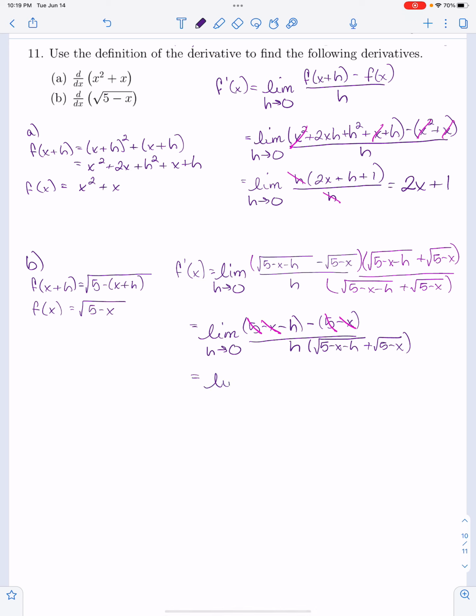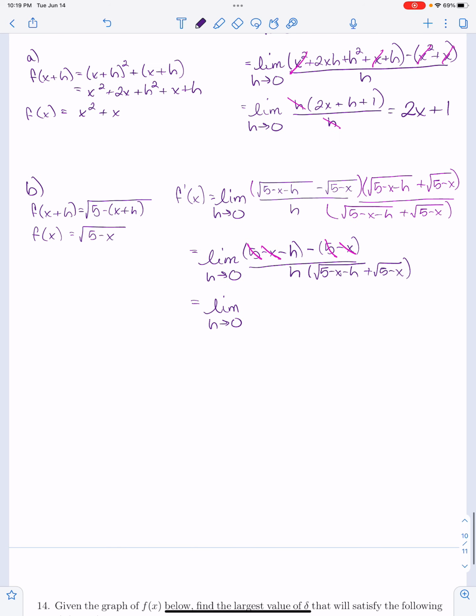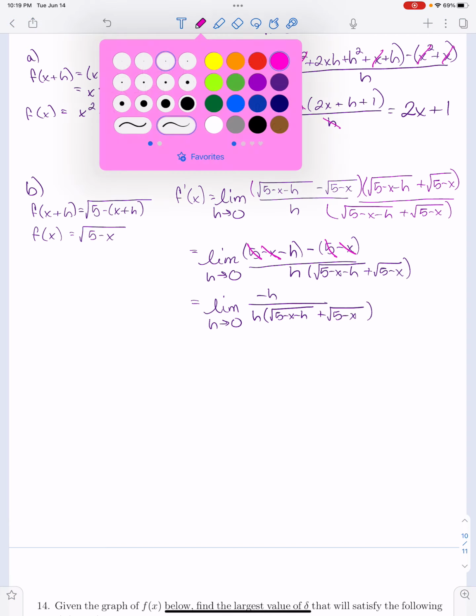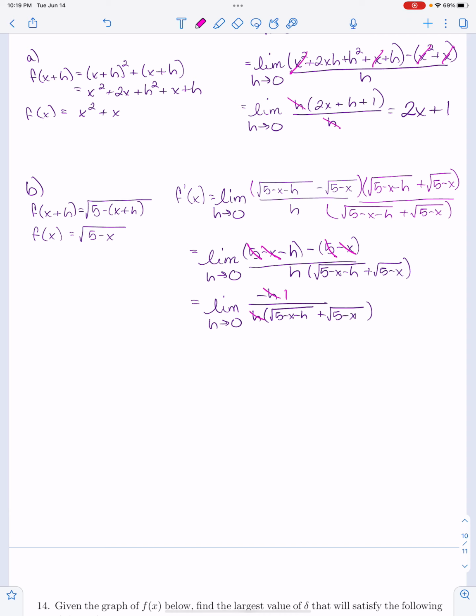We're left with the limit as h goes to 0 of negative h over h times the big expression. The h's cancel, leaving me with the negative 1 up top.